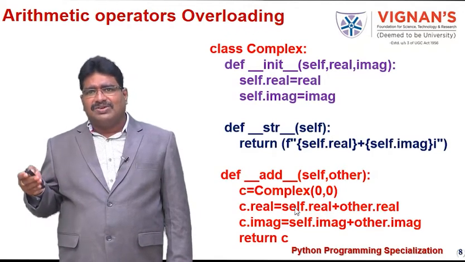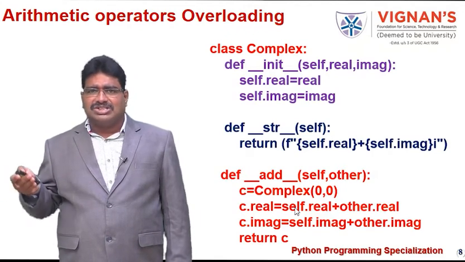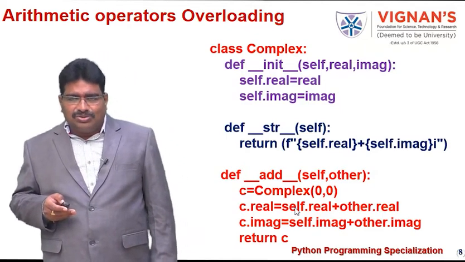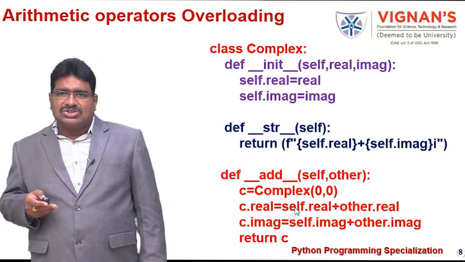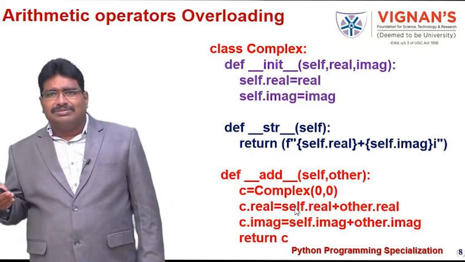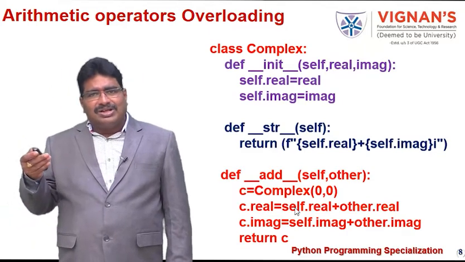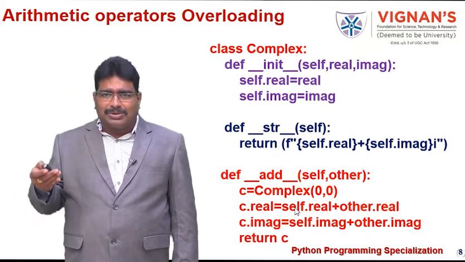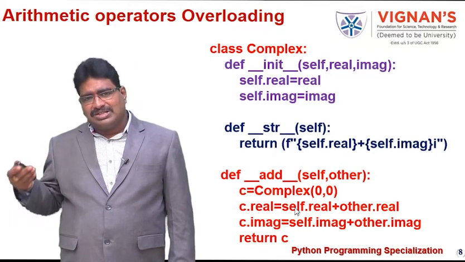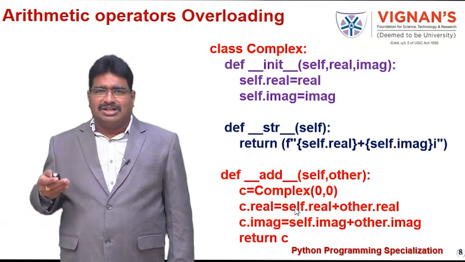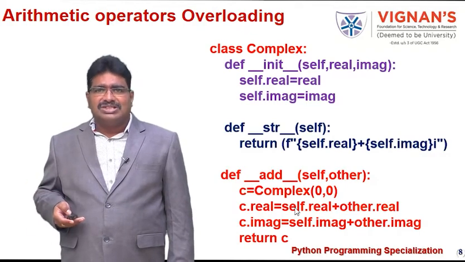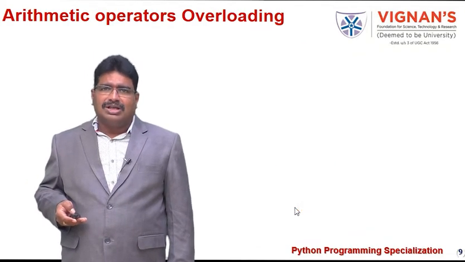Similarly, self dot imag plus other dot imag is assigned to C dot imaginary, and we return C. So we define a function __add__ that takes self and other and calculates the summation of the two complex objects: the sum of the real values is assigned to C dot real, the sum of the imaginary values is assigned to C dot imaginary, and we simply return the C object. This is the way we overload the plus operator.